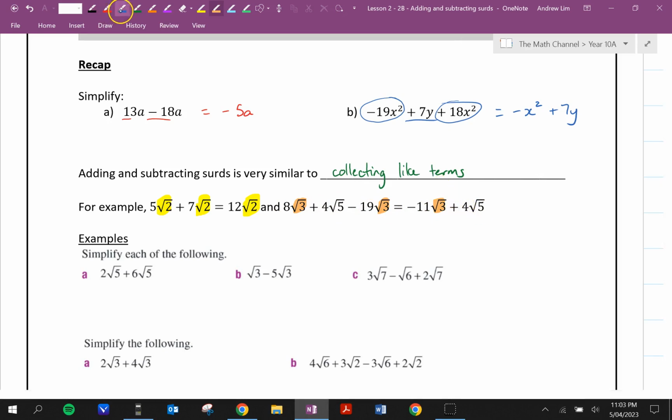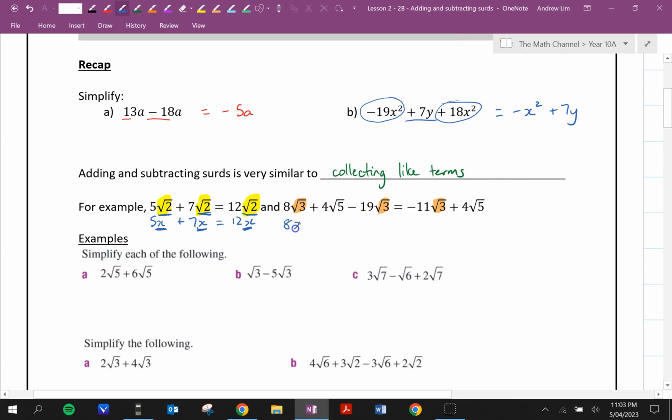Okay, so we can see it's very similar because imagine it said 5x plus 7x. Well, that's 12x. Instead of saying x, we're using root 2. And here we've got 8 root 3 plus 4 root 5 minus 19 root 3.